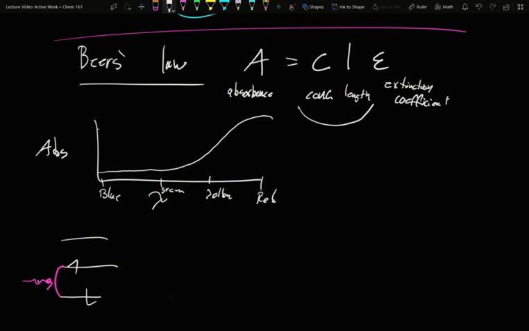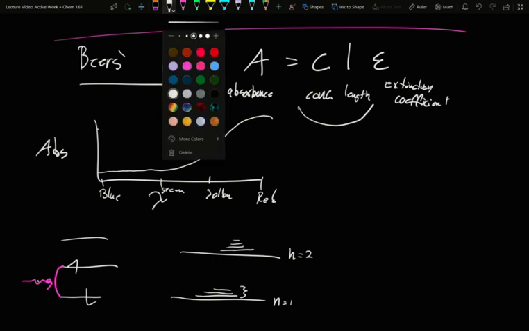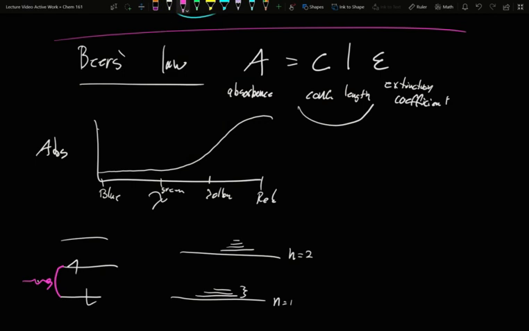I've got my orbitals. Remember that my orbitals have a little variance. Even though this might be my n equals 1 and my n equals 2, there's some vibrational modes in here. There's even some rotational modes, and there's some up above. My electron could really be sitting in any of these, and it could jump up to any of these.